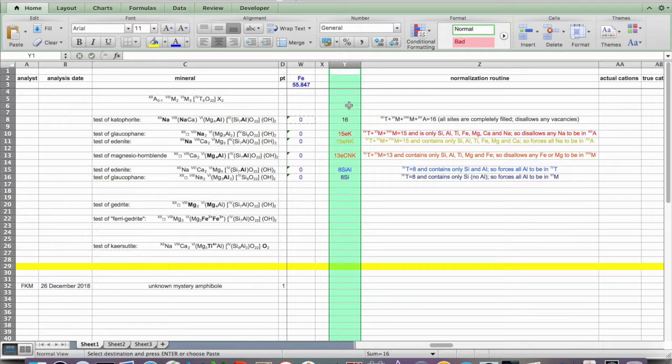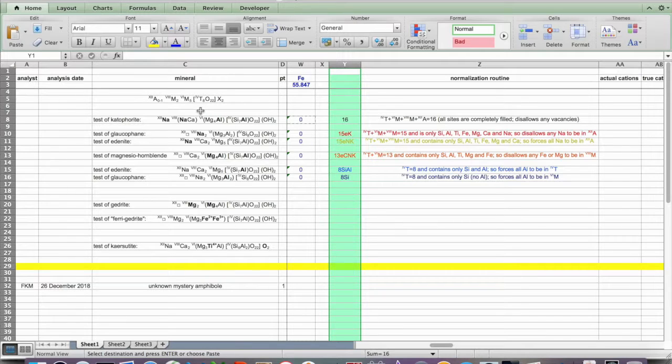So again, this is the label. This is the description, and we can look at the descriptions really quickly. So 16 here refers to the tetrahedral site, the 6 coordinated sites, the 8 coordinated sites, and the alkali sites, all in total adding up to 16.